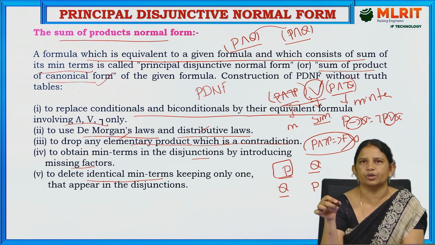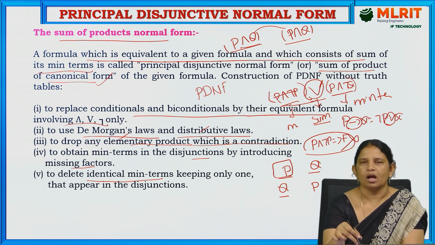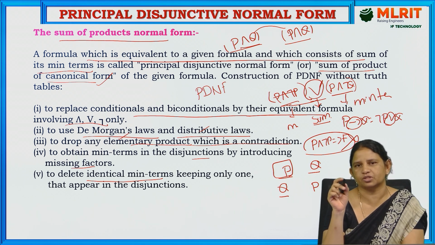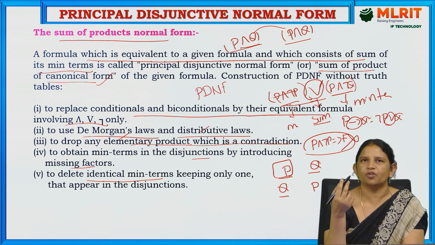Each and every minterm should be unique. It should not contain duplicates. Only unique minterms should be present in the principal disjunctive normal form. These are the rules we need to follow before constructing the principal disjunctive normal form.